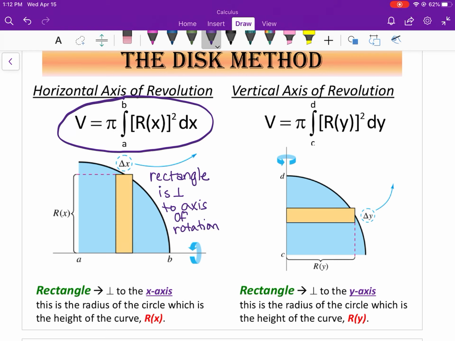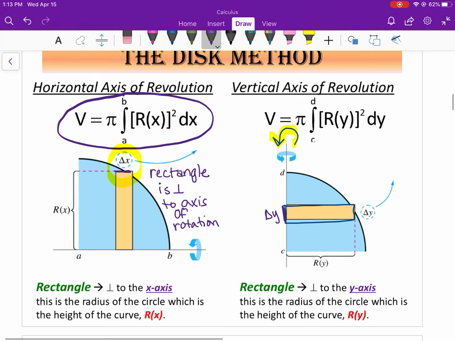So when I see a vertical rectangle, I'm going to recognize this piece here as delta x. If I'm rotating around that axis right there, which happens to be vertical, then my rectangle here is running perpendicular to it, and I'm going to recognize this change as a delta y.